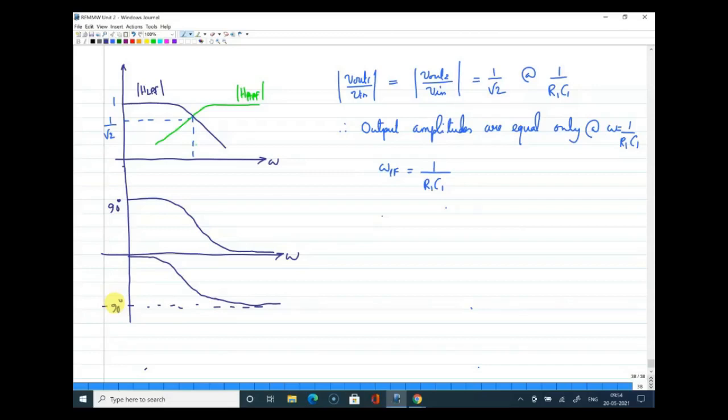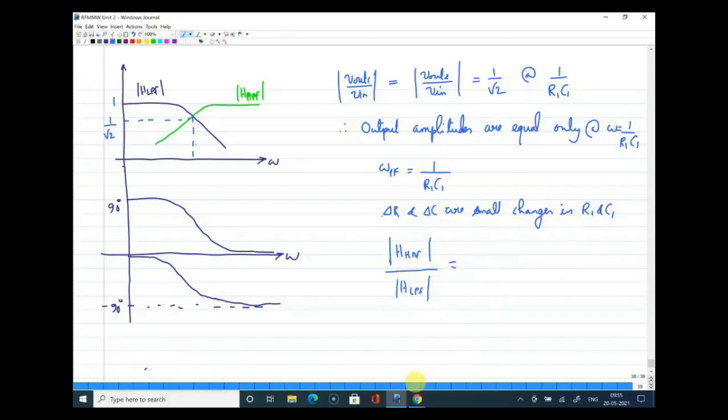So now if I look at the values of R1 C1, and if I am including the changes in the absolute values of R1 and C1 as delta R and delta C, if these are small changes in R1 and C1, when I take the ratio of the high pass response to the low pass response, what will be this ratio?